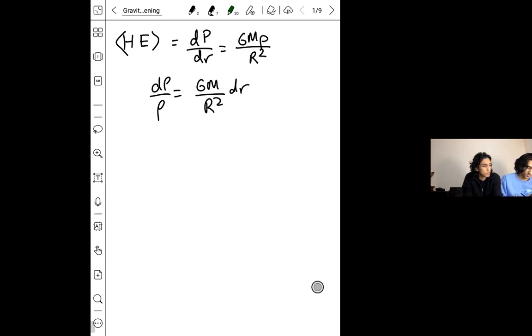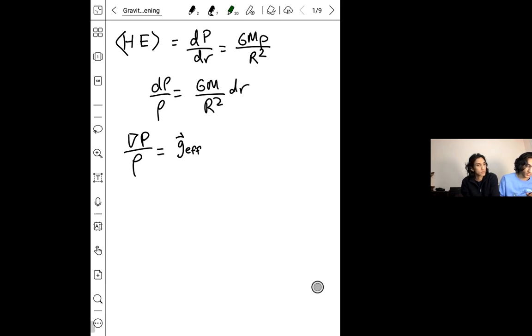A more precise way to say this is: the gradient of pressure in the star divided by the local density in the star is equal to the local surface gravity, essentially the g constant on the star, right? And that can be written in terms of two things.